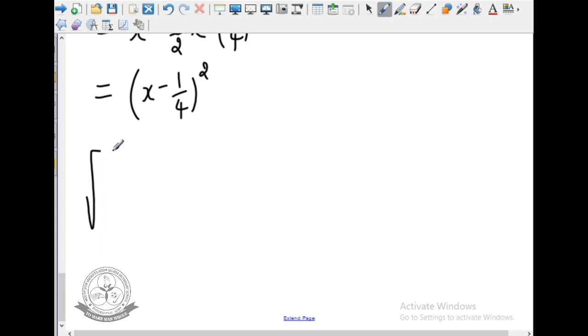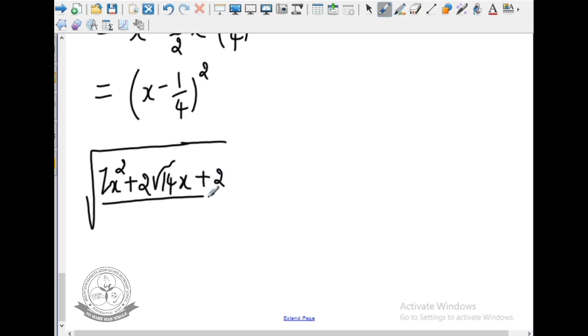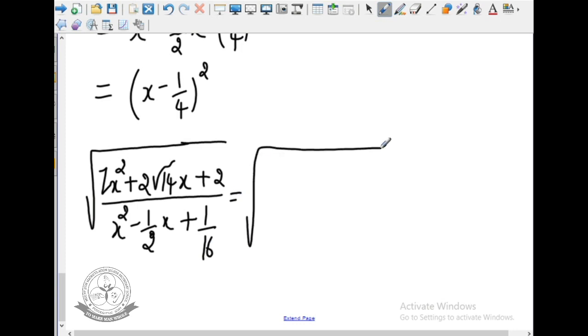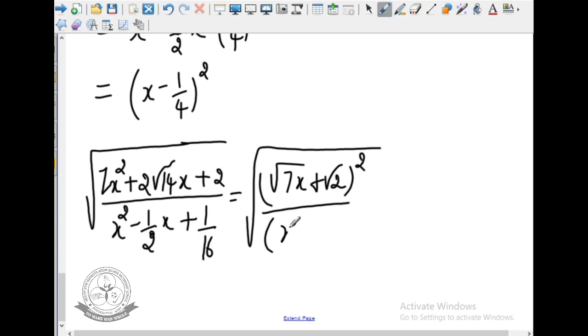Next I will write the question, that is 7x square plus 2 root 14x plus 2 divided by x square minus 1 by 2x plus 1 by 16, equal to square root of, how I split the values here, that is square root of (square root of 7x plus root 2) whole square divided by (x minus 1 by 4) whole square, right?